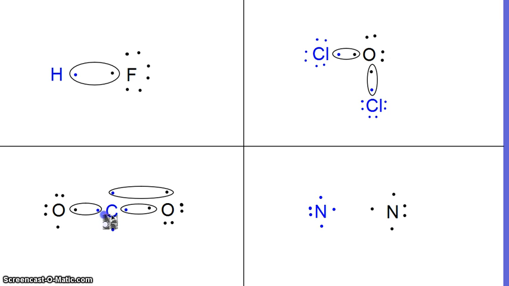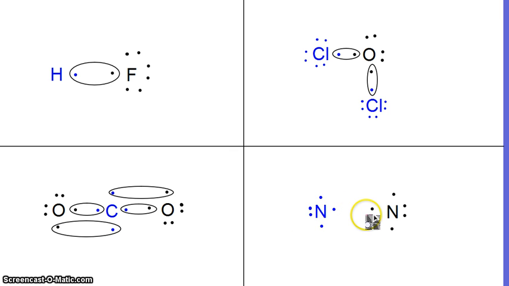And then if it also shares twice with this oxygen, that would give this oxygen 2, 4, 6, 8 from its perspective, and the carbon would also have 2, 4, 6, 8 from its perspective. This carbon and this oxygen would be said to be double bonded, and this carbon and this oxygen are also double bonded.